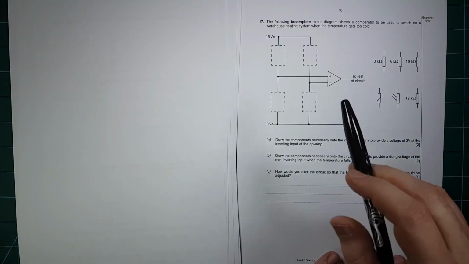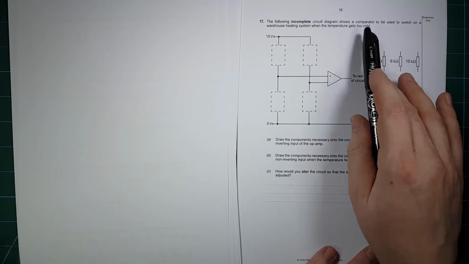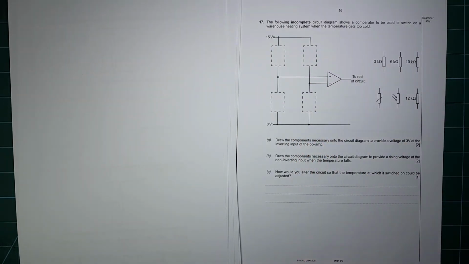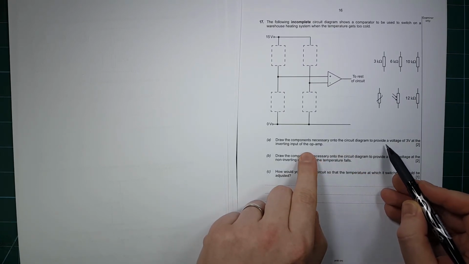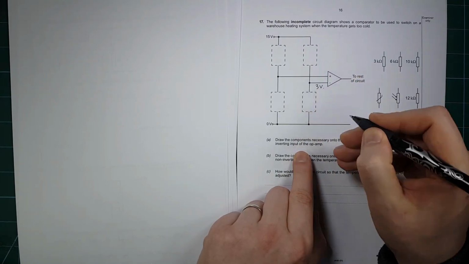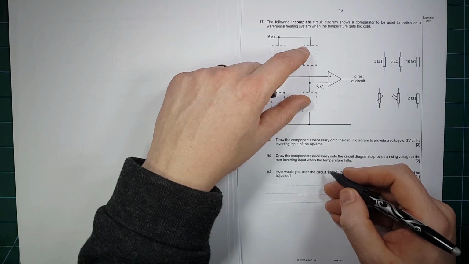Question 17. The following incomplete circuit shows a comparator to be used to switch on a warehouse heating system when the temperature gets too cold. Okay, draw the components necessary on the circuit to provide a voltage of 3 volts at the inverting input. So we want 3 volts there. So we want this to be a potential divider.